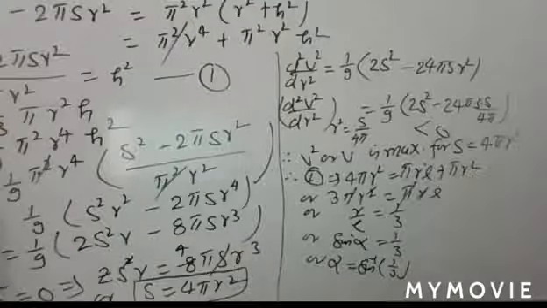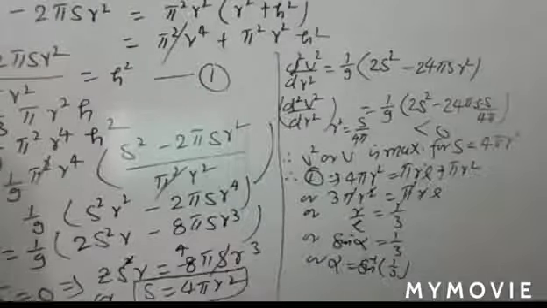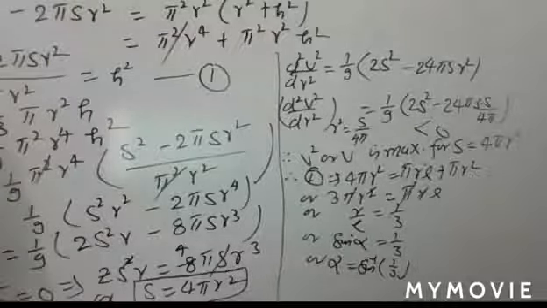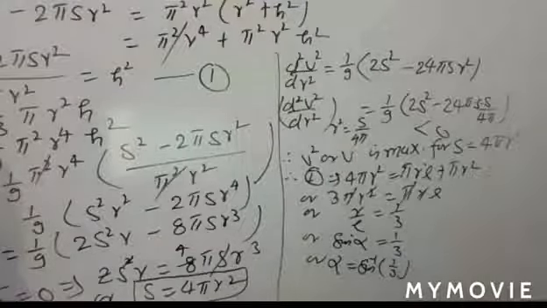Show that the volume of the largest cone that can be inscribed in a sphere of radius capital R is 8 upon 27 of the volume of the sphere.